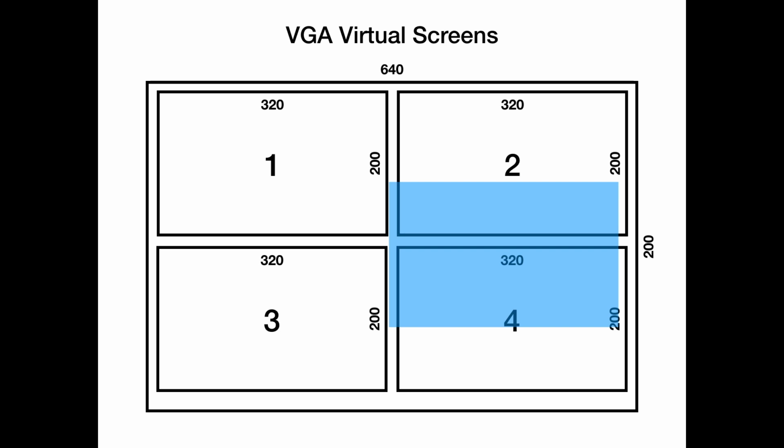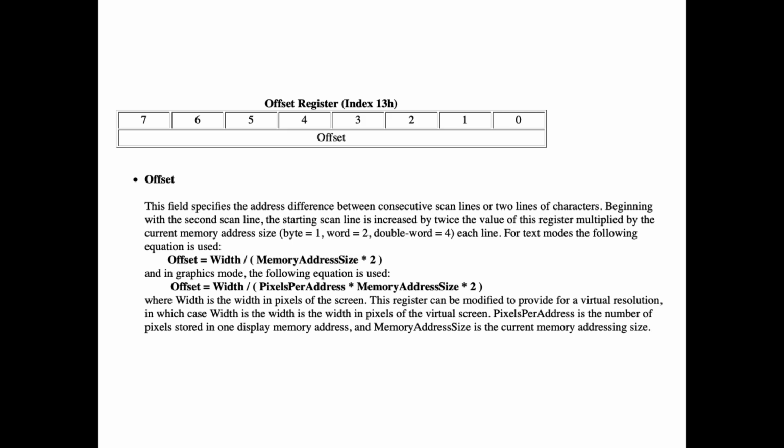We actually only need one more thing that we haven't seen yet, and that is the offset register, which has index 13 in the CRT controller. The offset register specifies the address difference between consecutive scan lines.